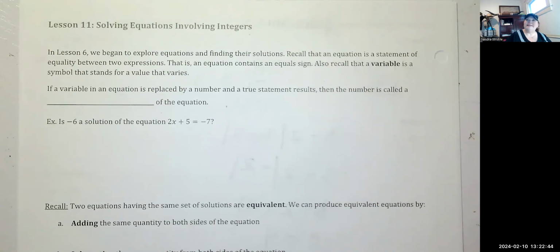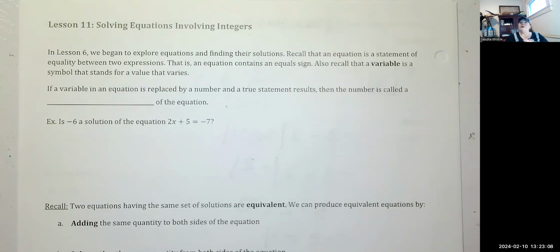So in lesson 6, which was the last lesson we did before exam 1, we began to explore equations and finding their solutions. So we were solving for x most of the time. And those quote unquote equations have equal signs. Those are the ones where you actually solve for an answer, an equality.